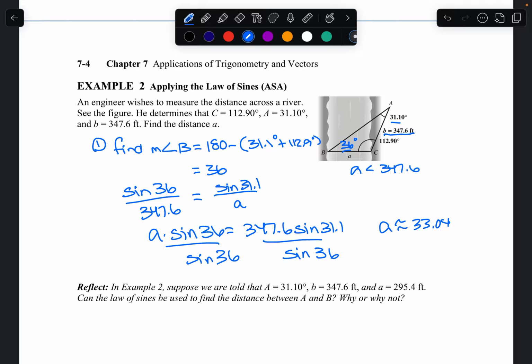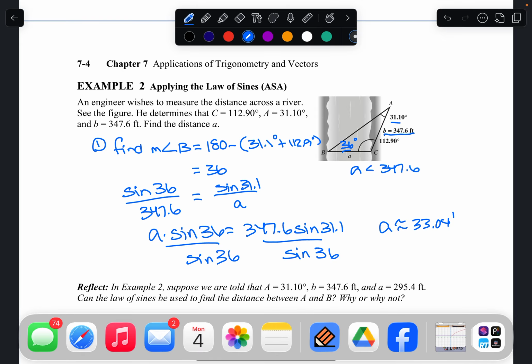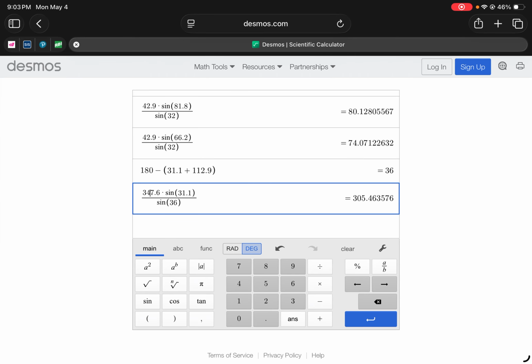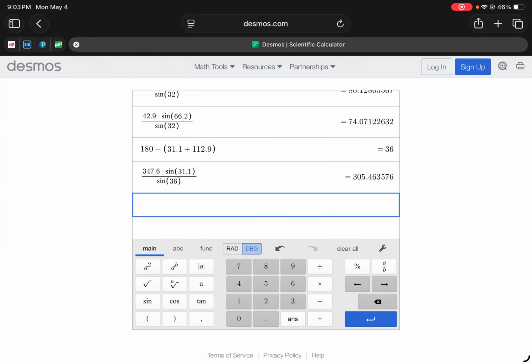If you think back to sig figs for a second, notice that these are all 2 decimal places, so we would give them 2 decimal places. Let me go back and check that answer real quick. Aha. Something didn't sit right with me because I thought, man, that's awful short. 347.6, 305.46.